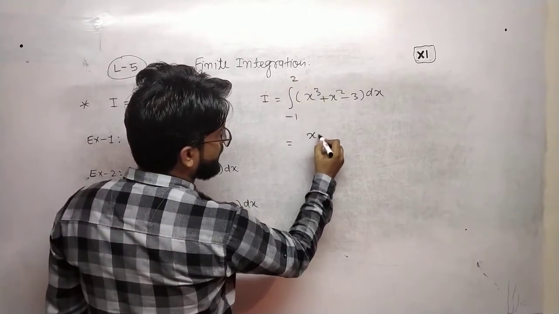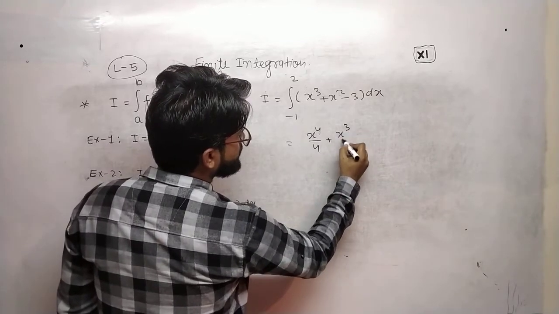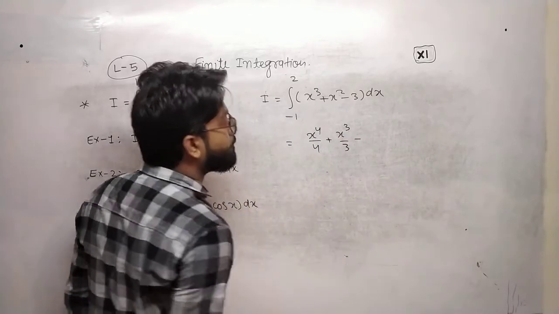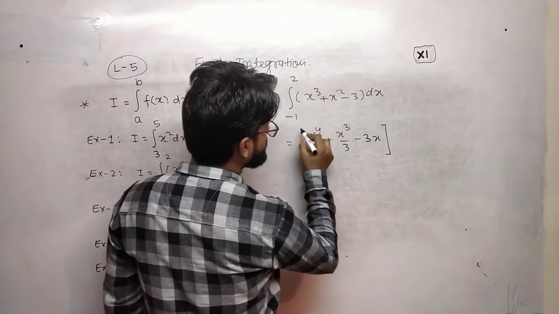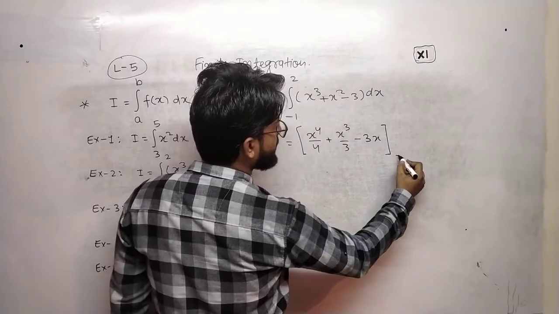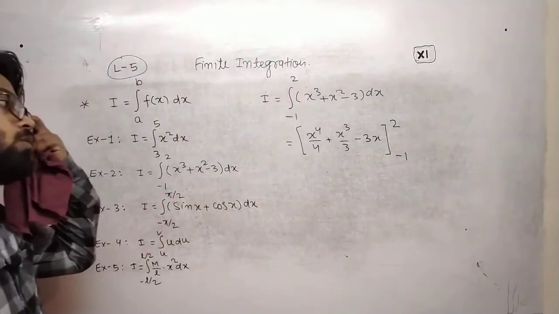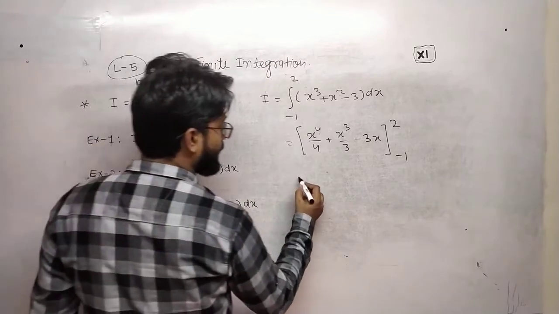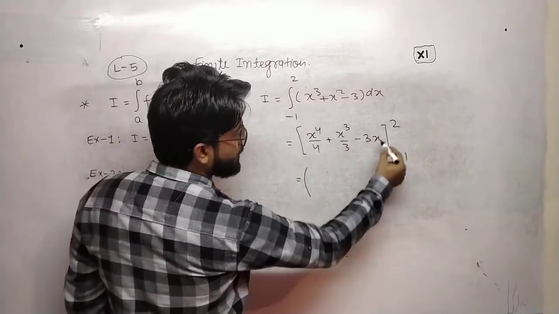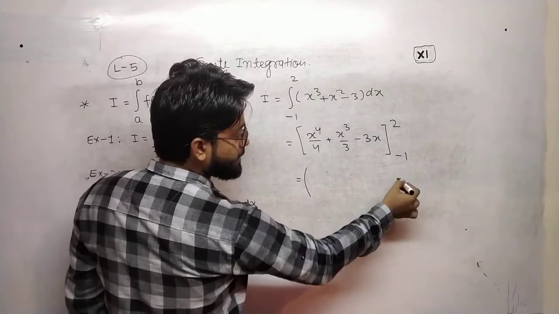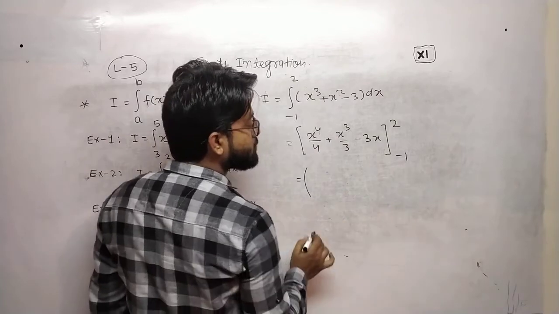X cube becomes x to the power 4 upon 4 plus x to the power 3 upon 3 minus 3x. Put a big bracket and put the limits from minus 1 to 2. This is very simple, and now in the bracket, first in place of x put 2 and then minus, put in place of x minus 1.